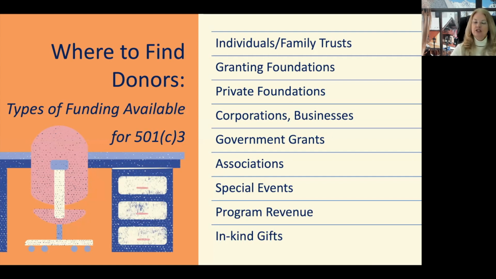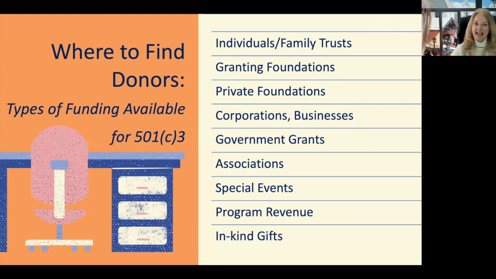Special events. So you hear about the big galas where some nonprofits raise millions of dollars. Those galas have changed in the world of a pandemic, but there are other types of special events where it's smaller groups, and we'll talk a little bit more about some of those. So then there's program revenue. Are you going to charge for the work that you do? Are you going to have memberships?